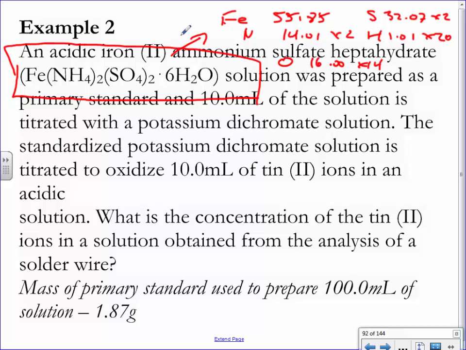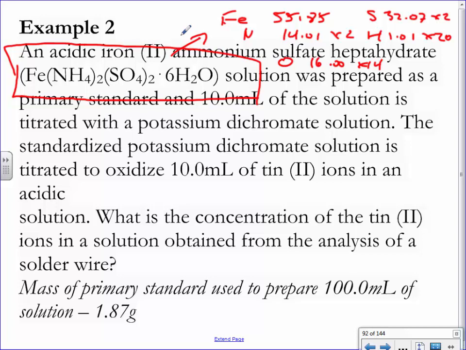Iron is 55.85, right? I feel a little rusty here. Right, 55.85 plus 14.01 times 2, plus 32.07 times 2, plus 16 is 8, 6 is 14.